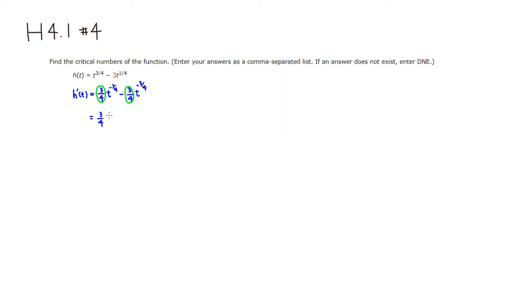If you pull out t to the negative 3/4, that's like you have to multiply by t to the 3/4. So it's going to be 2/4, which is going to be t to the 1/2 power. And then minus, if you pull that out, it's going to be just 1.